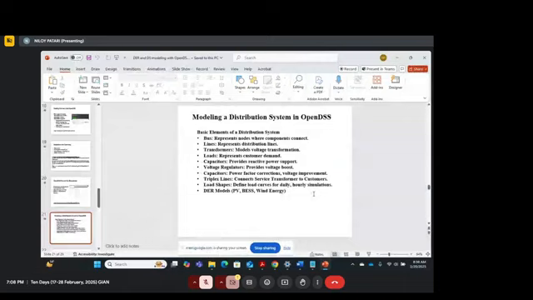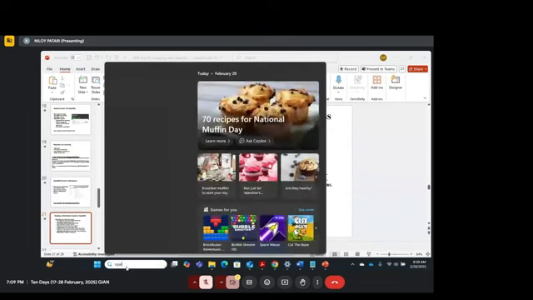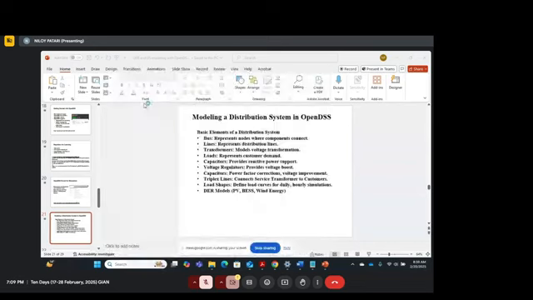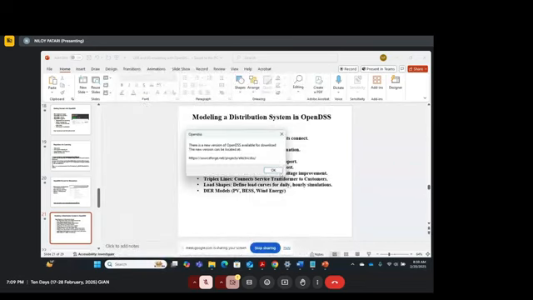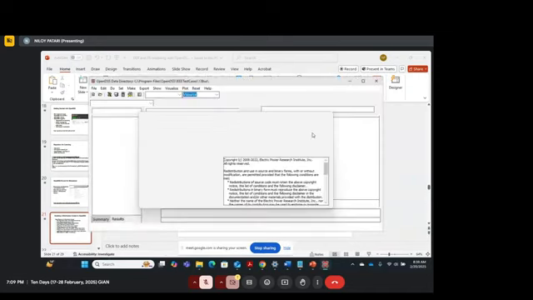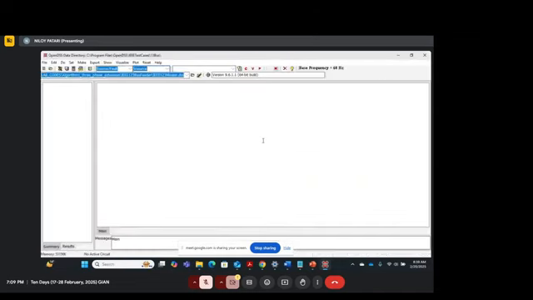Okay, so now once you have downloaded OpenDSS, you can just open the software OpenDSS. So you can see my screen, right?